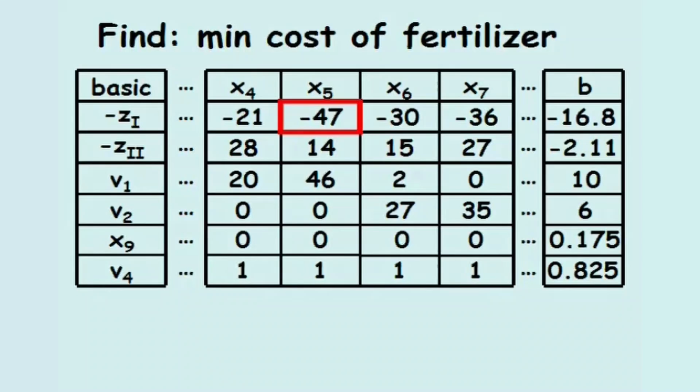Now we can begin a second iteration of the simplex algorithm. At this point, variable x5, which represents urea, has the most negative reduced cost coefficient and will take the place of artificial variable v1 in the basis, since 10 divided by 46 is a smaller positive quotient than 0.825 divided by 1.